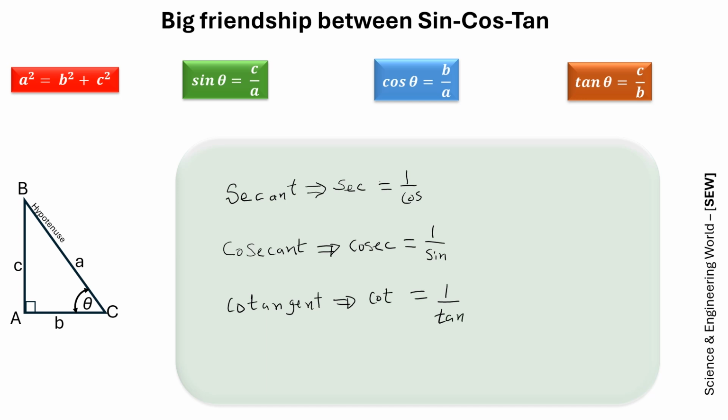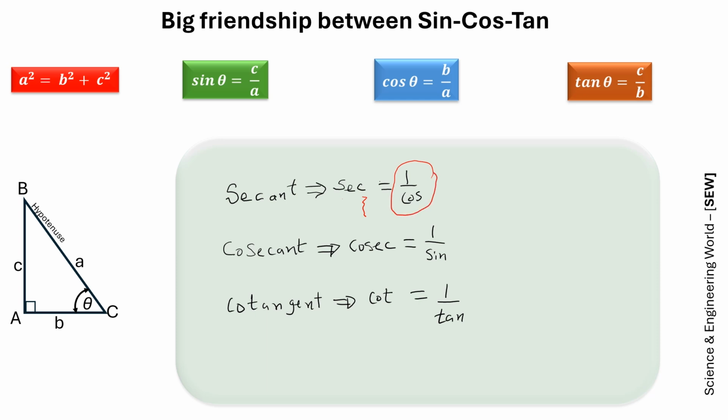I don't want us to get confused with this, but there is a trick to it, and what I always use is the first 3 letters in each of these words. For example, in sec, the 3rd letter is C, and so it is 1 over cos.